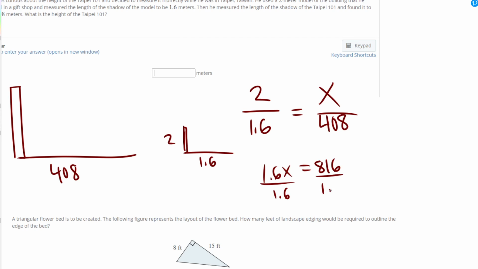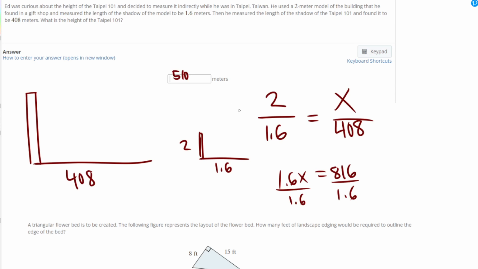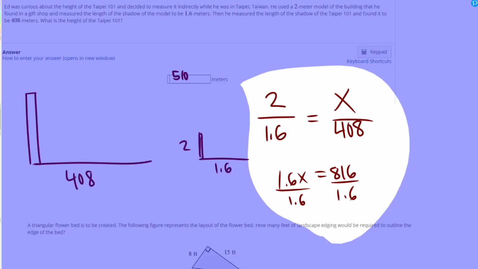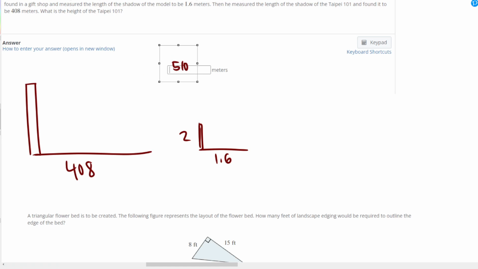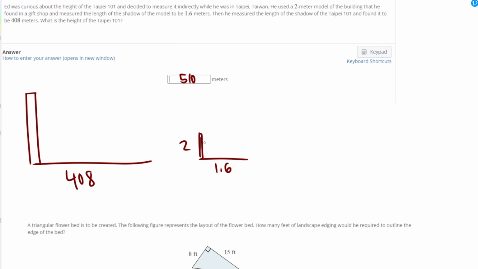816 divided by 1.6 is equal to 510. So 510 meters. And then, just to make sure that's correct, we can find the hypotenuse of this.